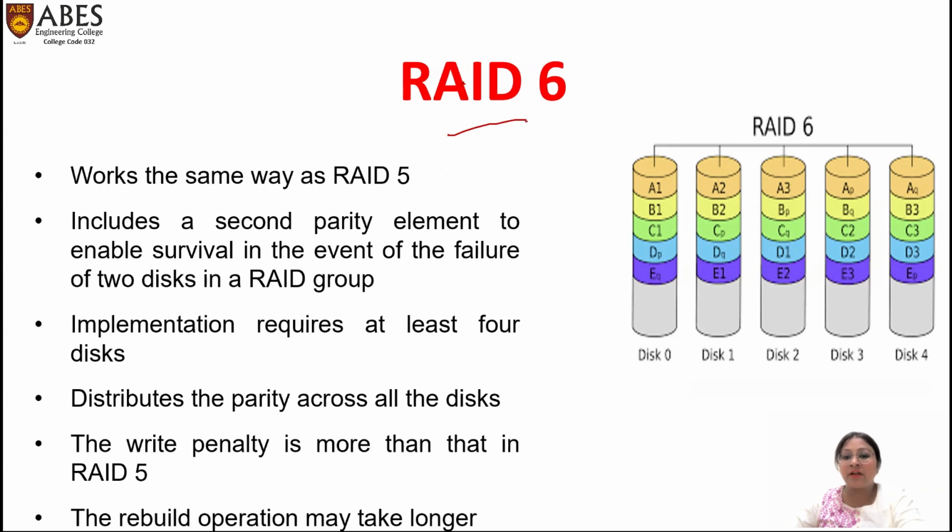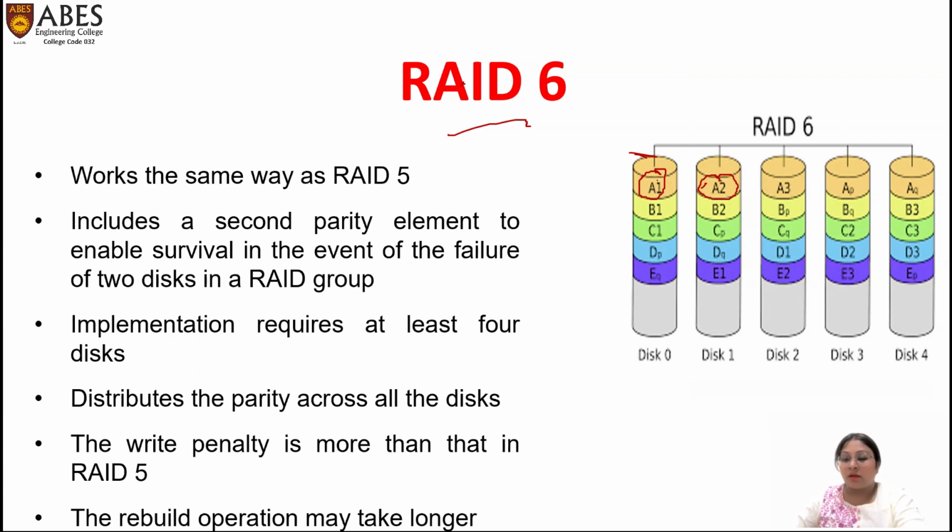In RAID 6 level, all the data are stored in various disks, disk 0, disk 1, disk 2, and all the parities as in the previous level. If only one disk fails, then it gets recovered. But if you lose data of two disks like A1 and A2, what do you have to do?